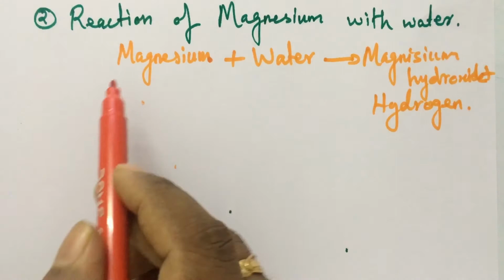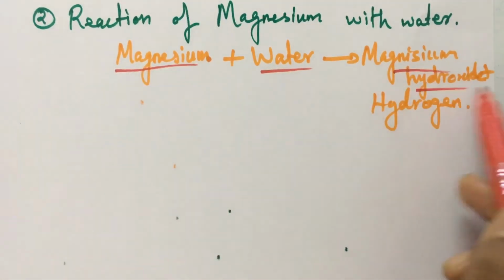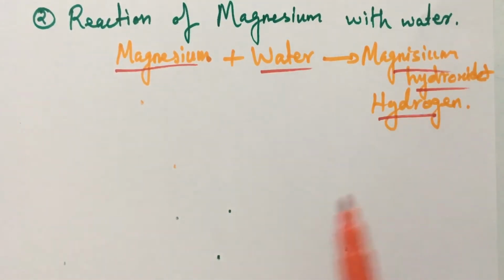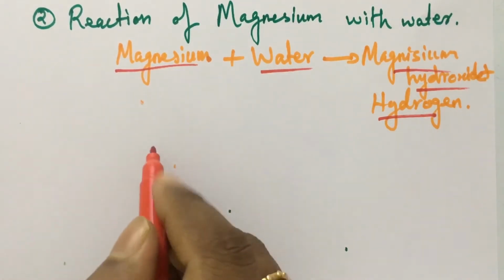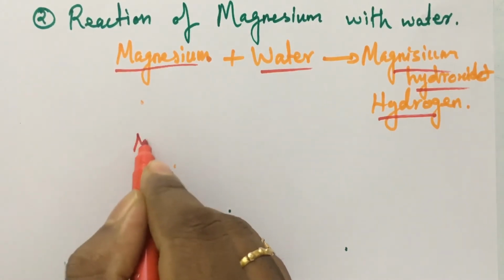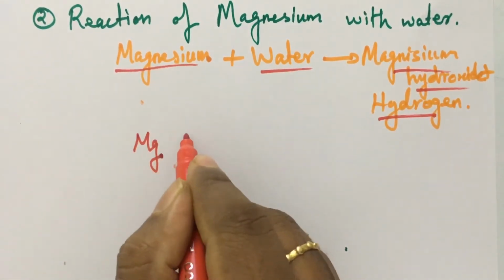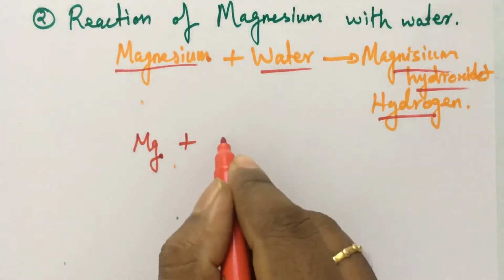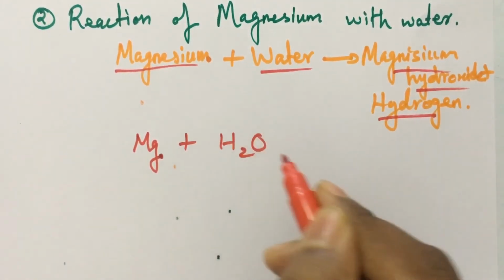So children, this is also called the word equation. The word equation is also called the skeletal equation. In the proper equation we have to write next by using the formulas. Magnesium is Mg. Mg plus water is H2O, right?